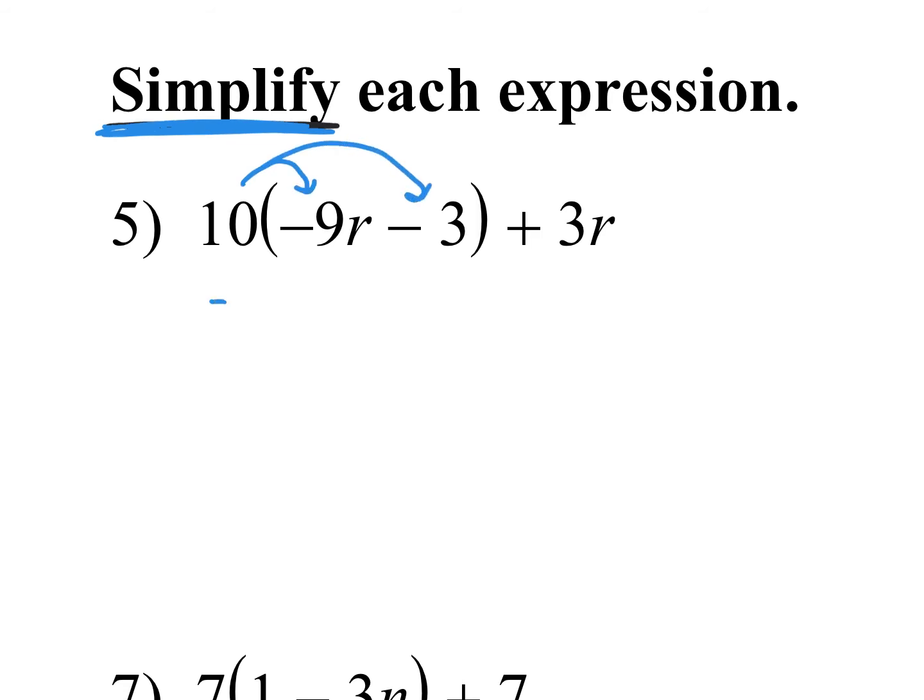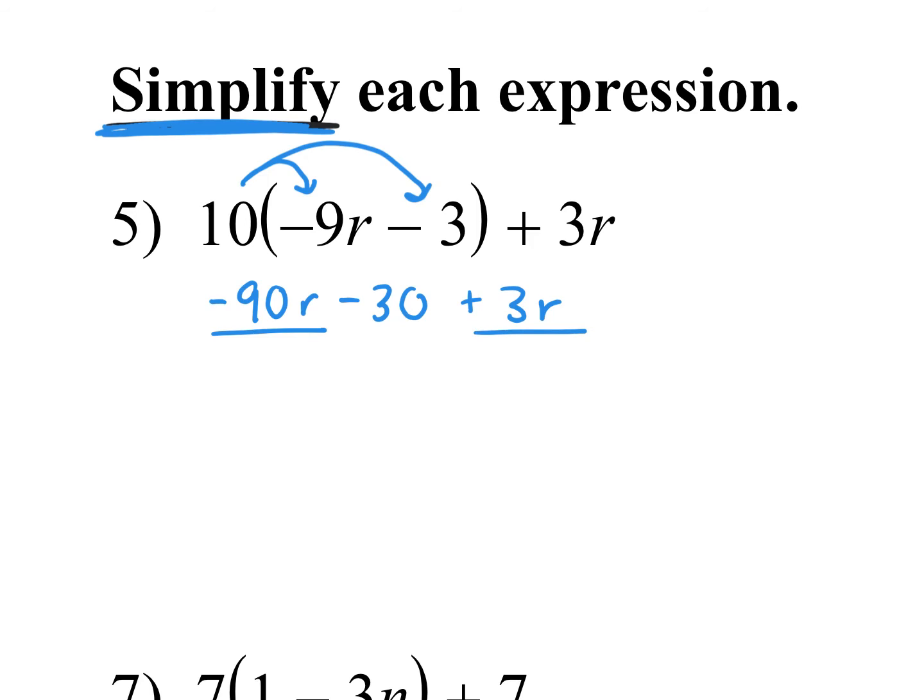So I have negative 9r times 10, which is what? Negative 90r. And then negative 3 times 10 is what? Negative 30. Do I have any like terms here? What are my like terms? Awesome.